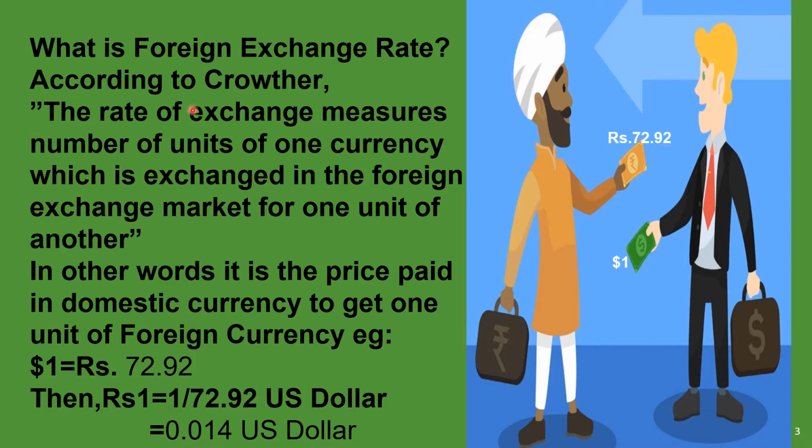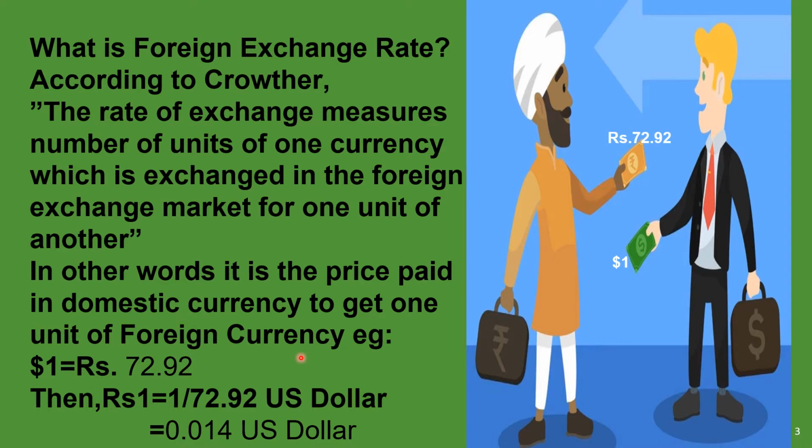According to Crowther, the rate of exchange measures the number of units of one currency which is exchanged in the foreign exchange market for 1 unit of another. In other words, it is the price paid in domestic currency to get 1 unit of foreign currency.